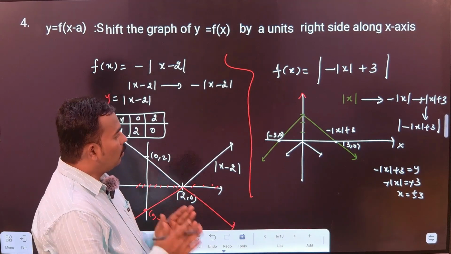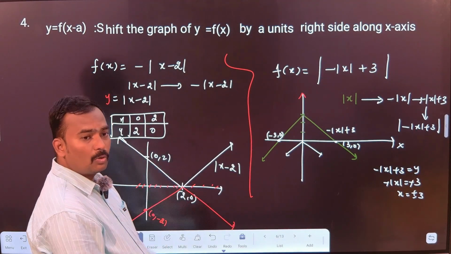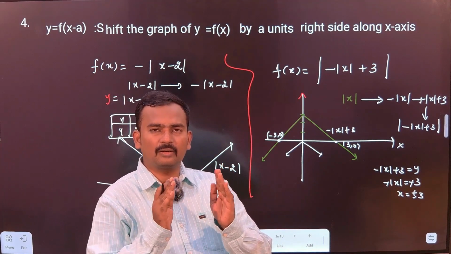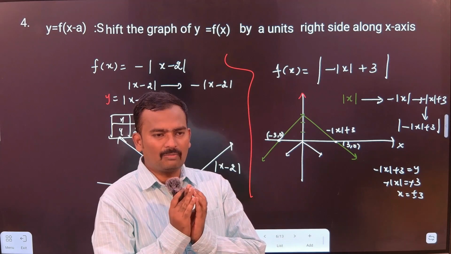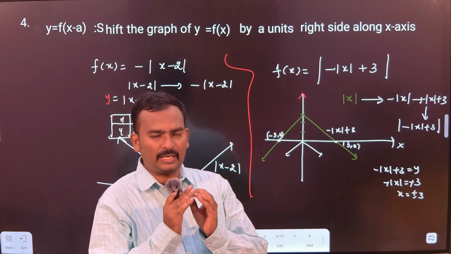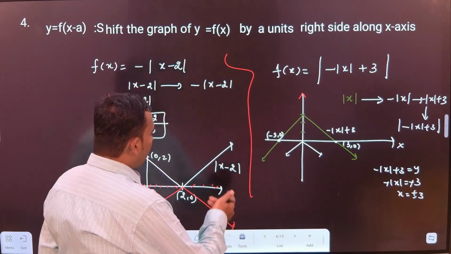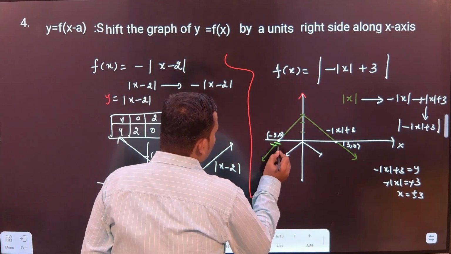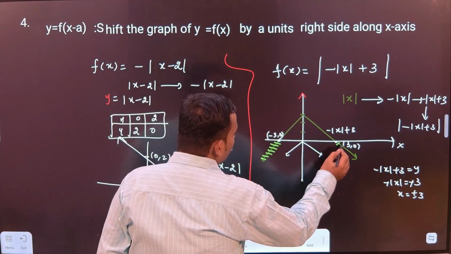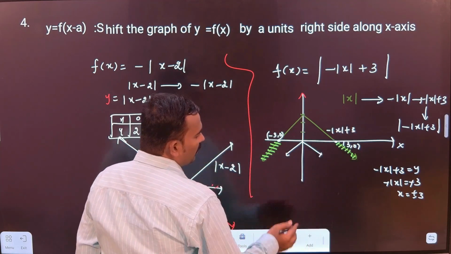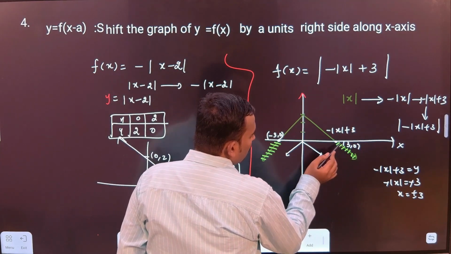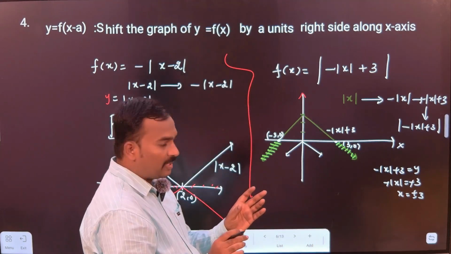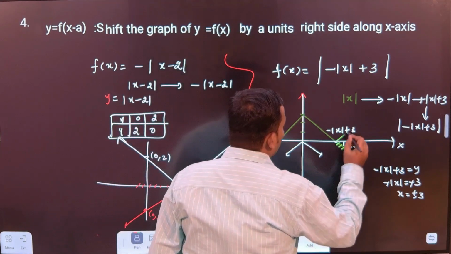Now you can apply the modulus. Whatever the output is, the job of the modulus is converting the negative into positive. You can see the negative image here, so the negative portions will be this one. Whatever the negative y values are, you shift them up.